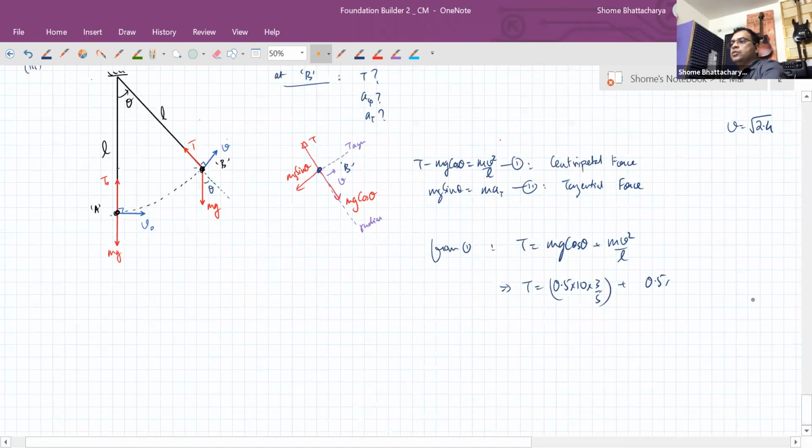Yeah, V was square root of 2.4 meters per second at the point B. So make use of that value. And L was 0.2 meters.